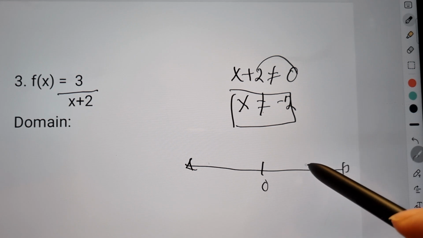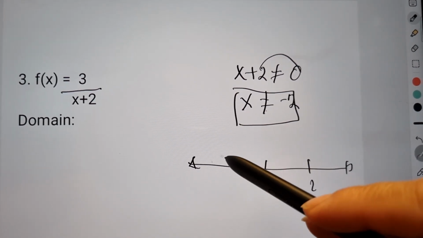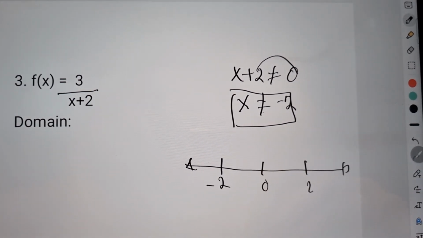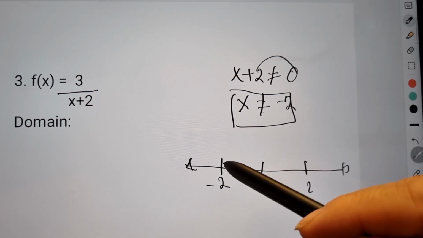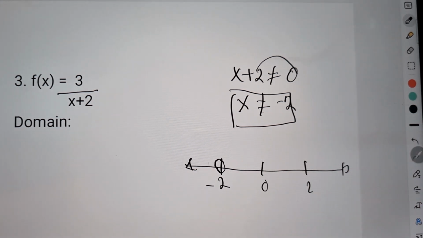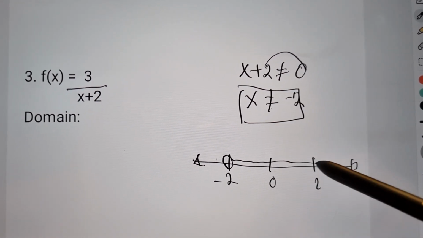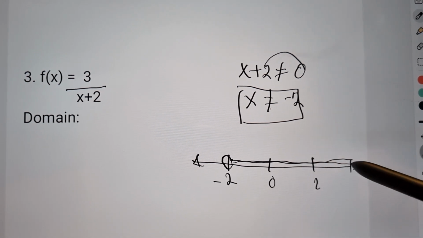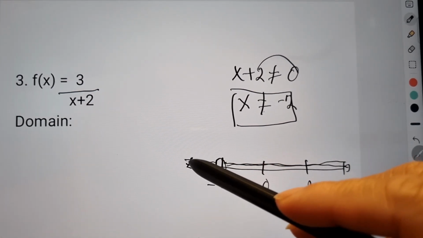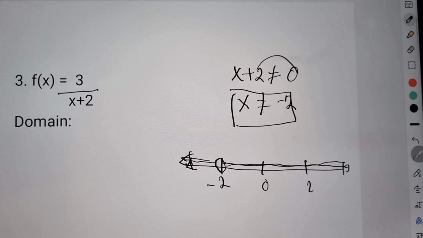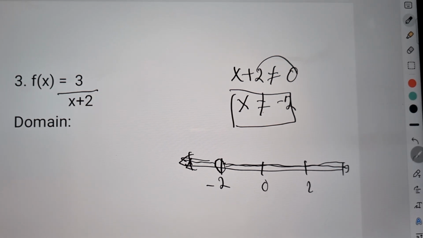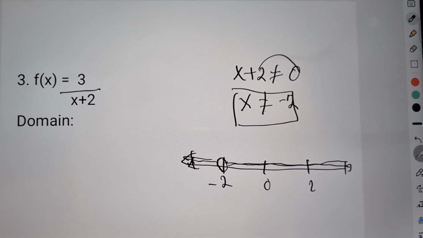So, kung ito yung 0, ito yung 2, here's negative 2, ang hindi lang kasali doon ay itong negative 2. Ibig sabihin, lahat ng numbers going to the right from negative 2 at going to the left from negative 2 ay pwede nating i-substitute as value of x.